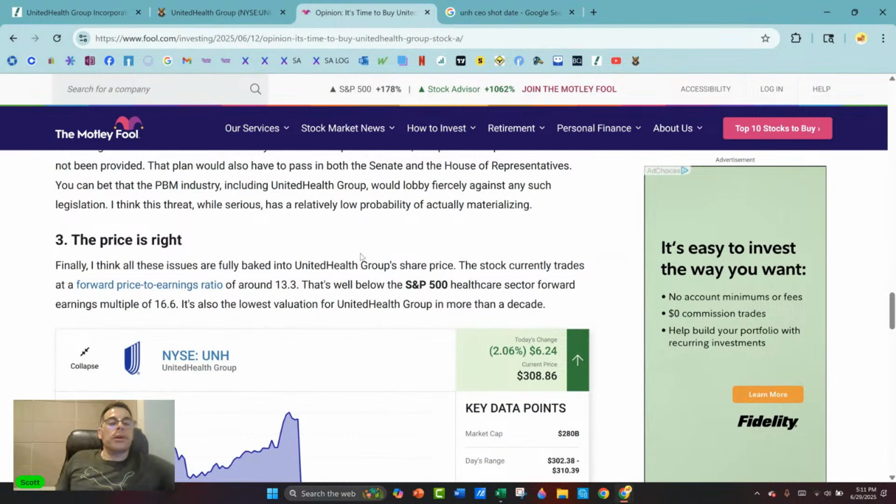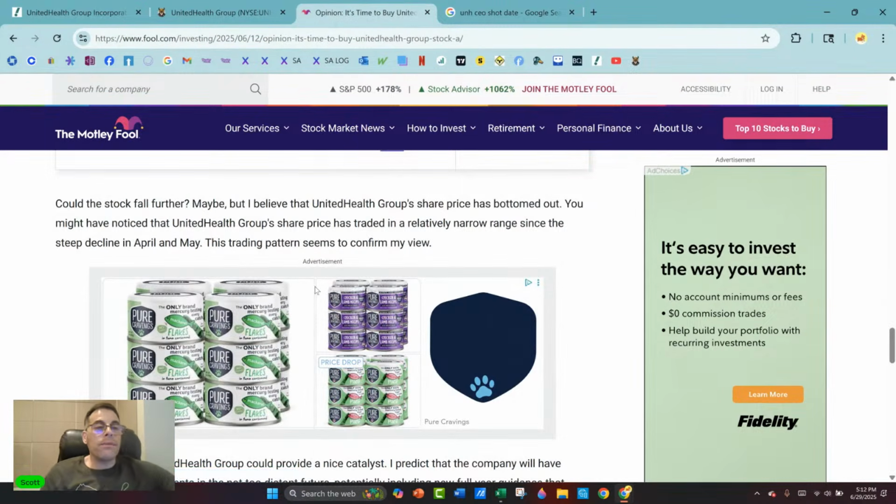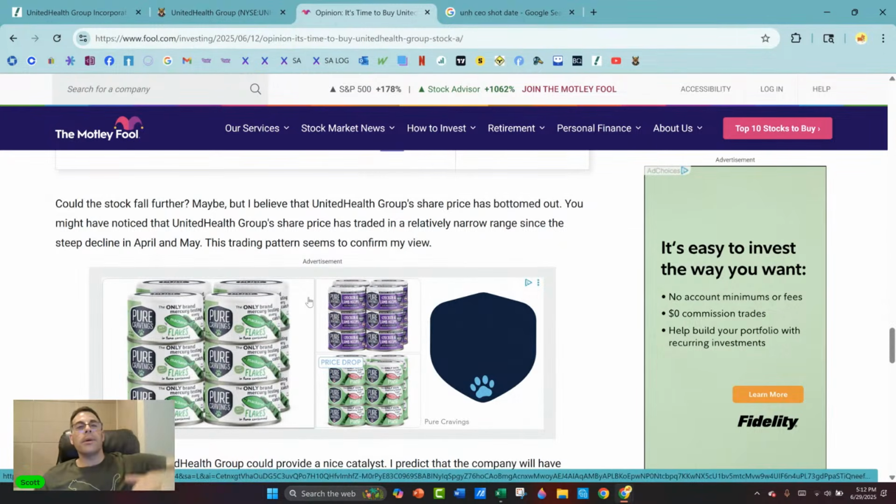While I think all the issues are fully baked into United Health stock, PE of 13. Could the stock fall further? Of course it can, but I think the downside is much less likely than the upside.